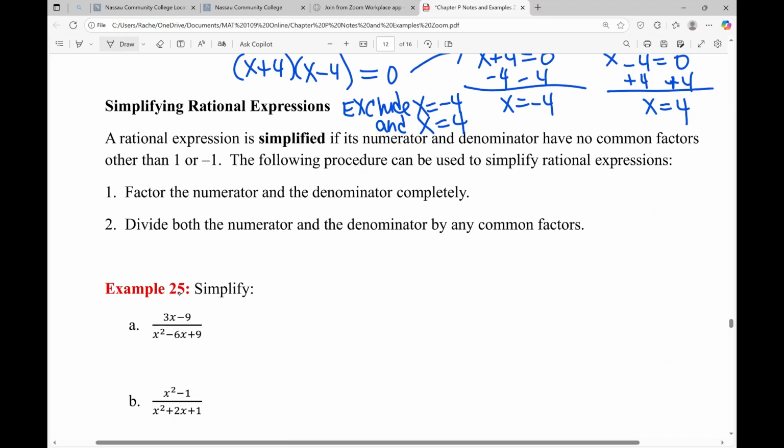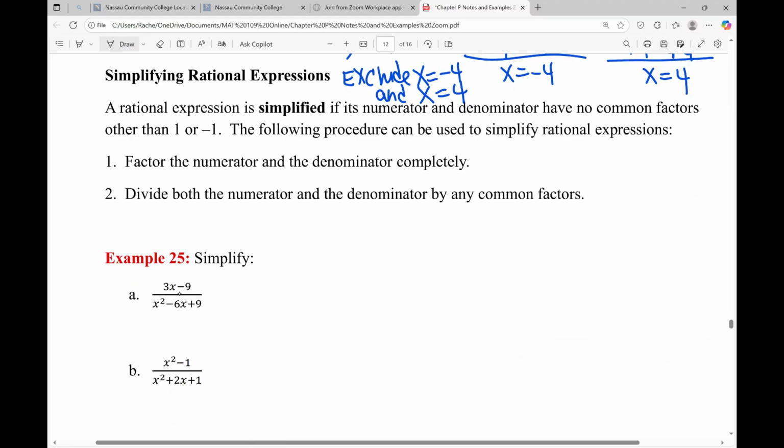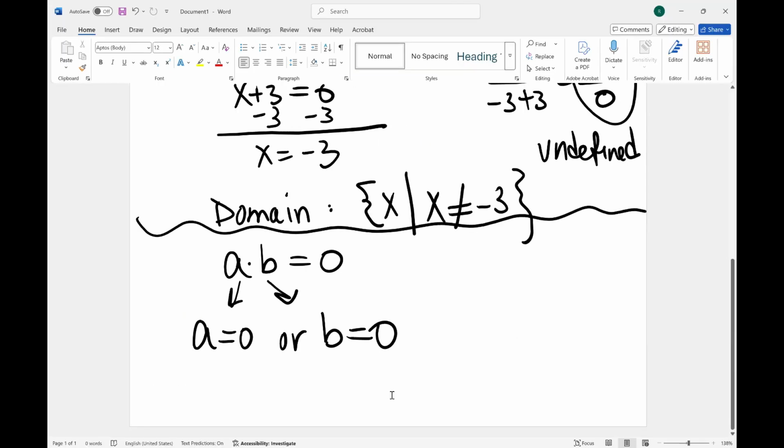Now we're going to take a look at how to simplify a rational expression. How do we know when a fraction is simplified? That would mean that the numerator and denominator have no common factors other than 1 or negative 1. So for example, I'm going to go to the whiteboard again.